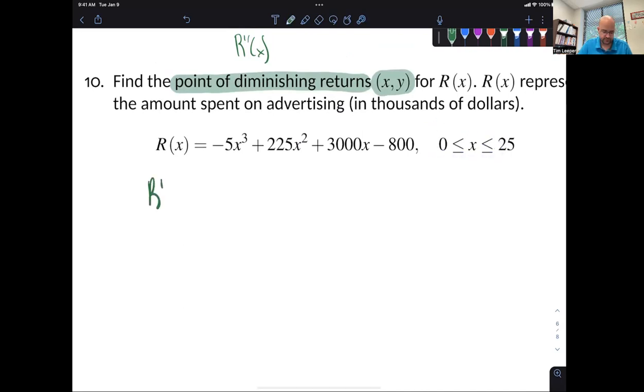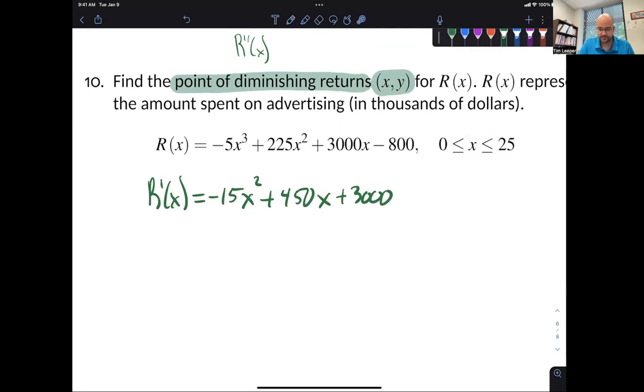So the first derivative here is negative 15x squared plus 450x plus 3000. I'm just using the power rule. The 800 goes to 0. So the second derivative then is going to be negative 30x plus 450, and that's it.